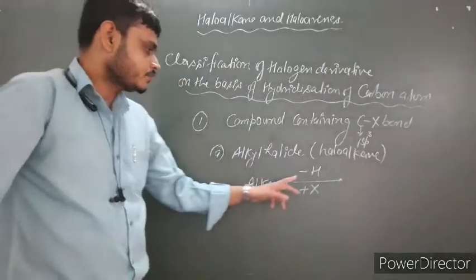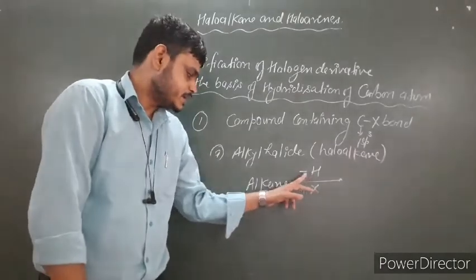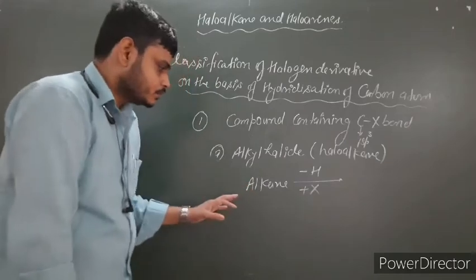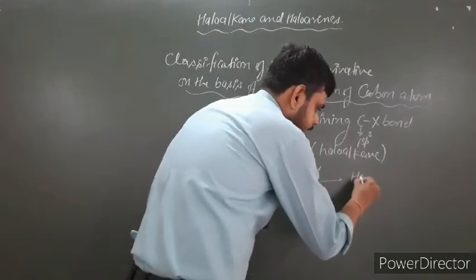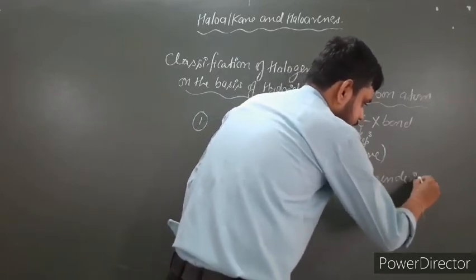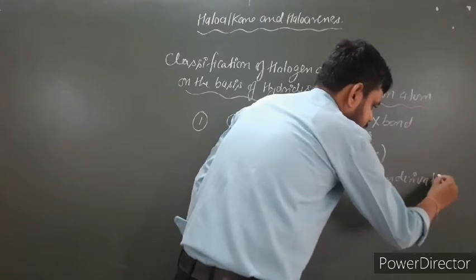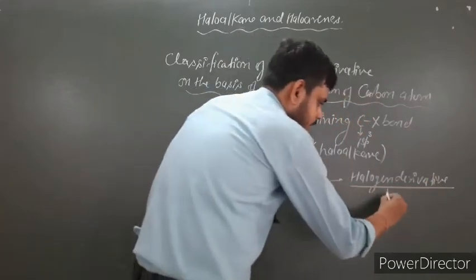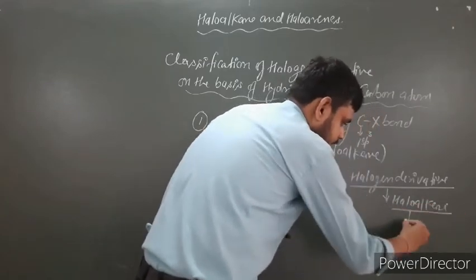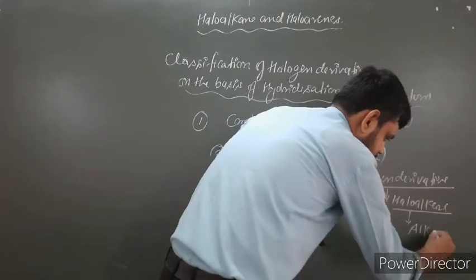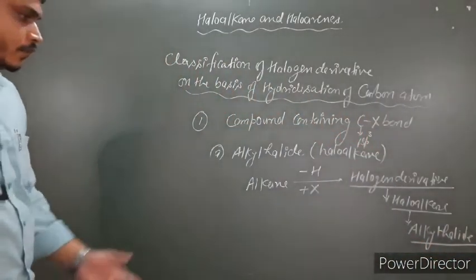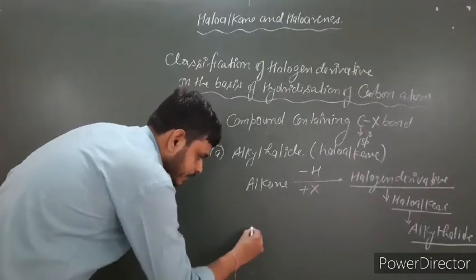Suppose one hydrogen atom is replaced by a halogen atom, so one halogen atom is introduced into the alkane to form a halogen derivative. And this type of halogen derivative is haloalkane or alkyl halide.